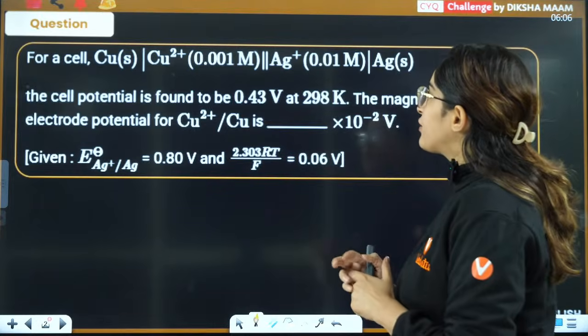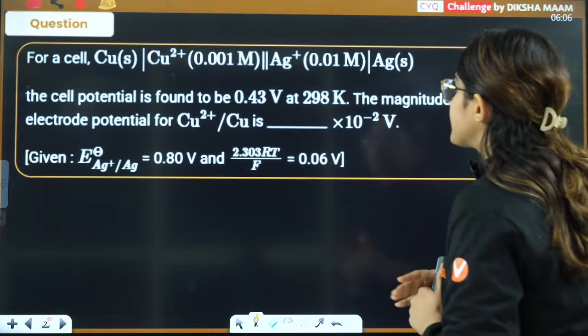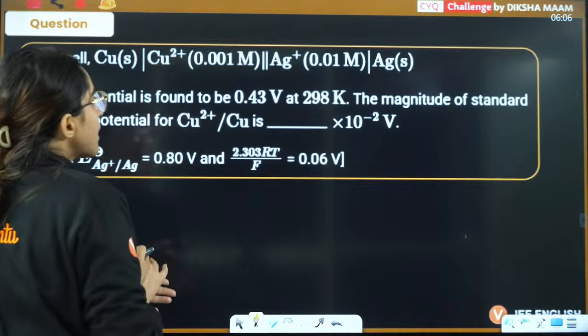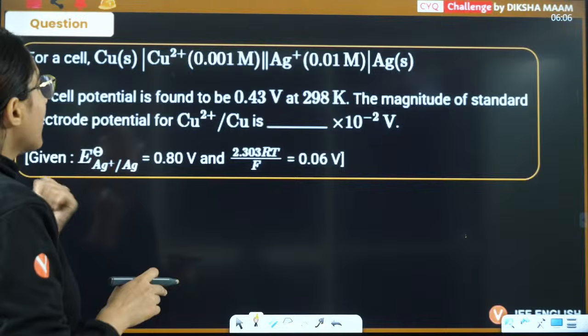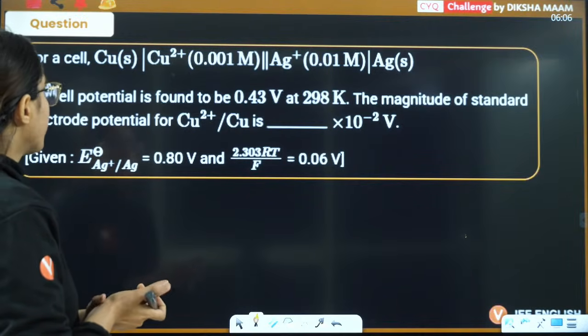Let's see the first question. You are given some reaction. The cell potential is found to be this at 298 Kelvin. The magnitude of standard electrode potential of this is going to be what?